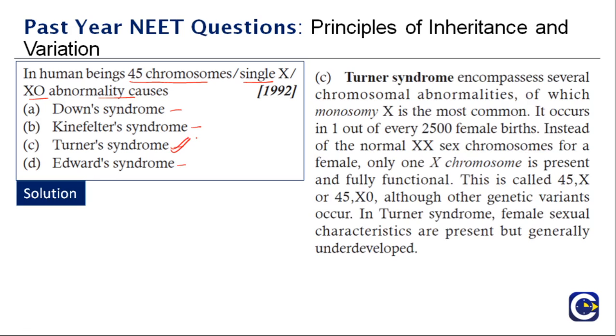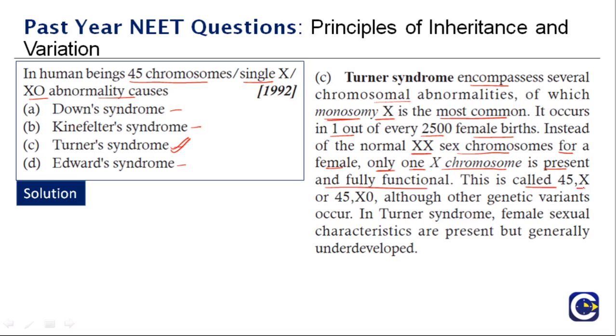Turner syndrome encompasses several chromosomal abnormalities, of which monosomy X is the most common. It occurs in 1 out of every 2500 female births. Instead of the normal XX sex chromosomes for a female, only one X chromosome is present and fully functional.